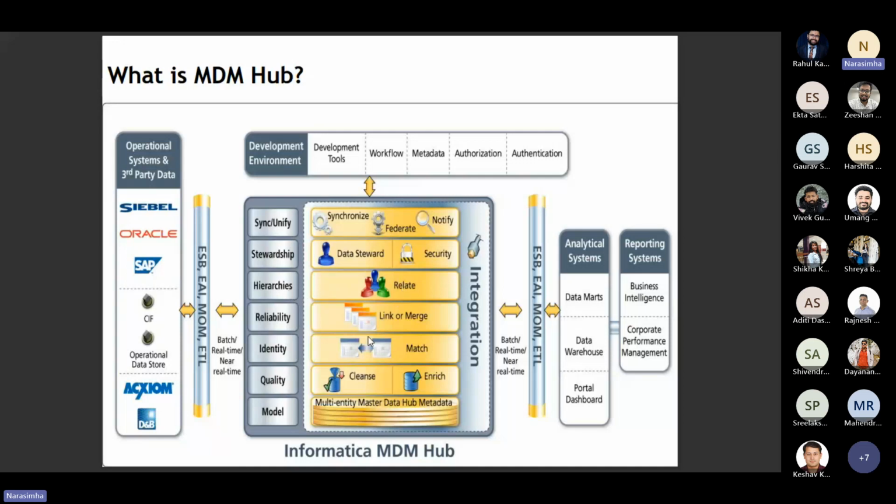Once we understand this, we pull the data from one or more of these source systems by taking the help of third-party tools like ETL, ESBs, whatever, in any mode. Yeah, so we can pull the data from various source systems in any mode, which will bring it onto this entry point of MDM.